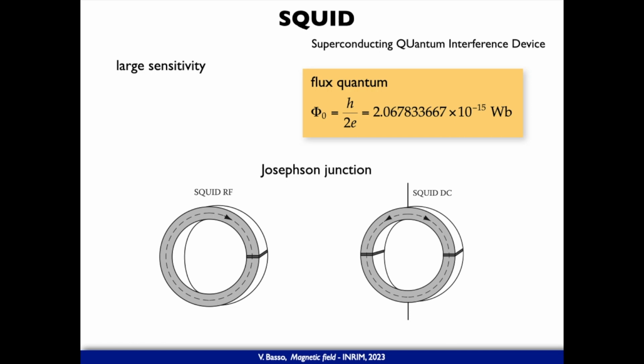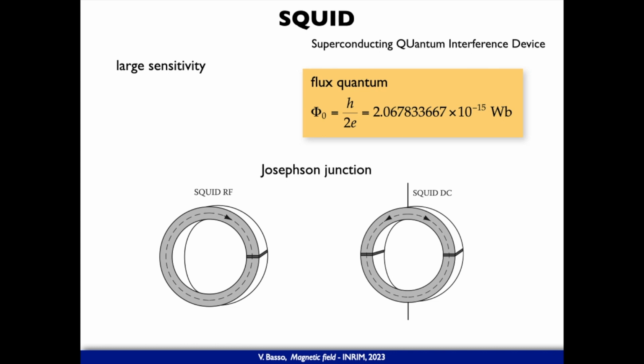These instruments using a superconducting coil with Josephson junction are called SQUID, superconducting quantum interference device. For the RF SQUID, we have just one Josephson junction. For the DC SQUID, we have 2, but the point is always the same.